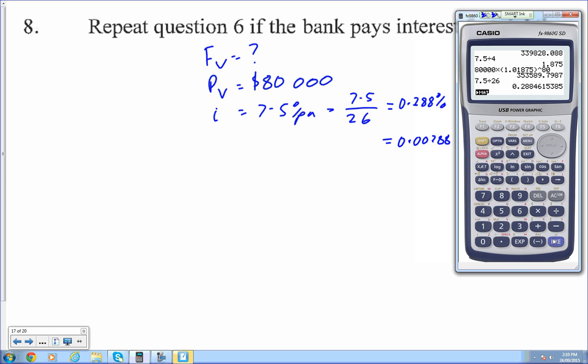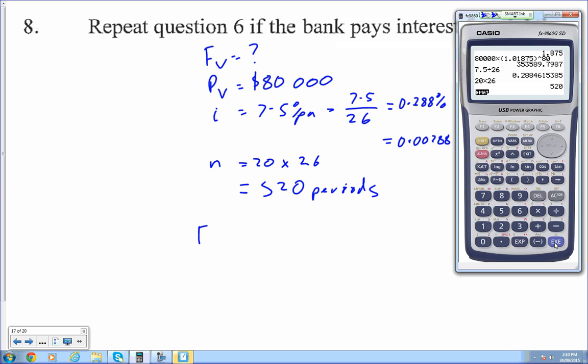So that's going to be 0.00288 as a decimal. And our periods now are going to be 20 years times by 26 fortnights in a year. That's 20 times by 26, which gives me 520 periods.